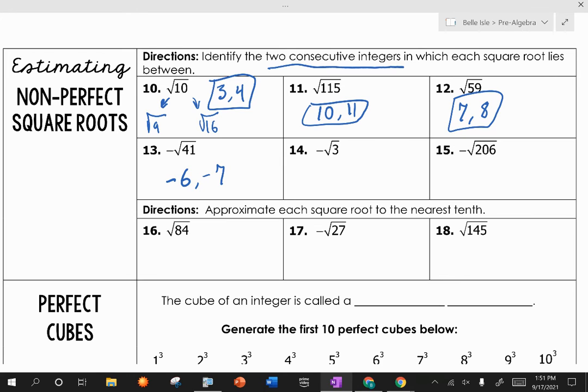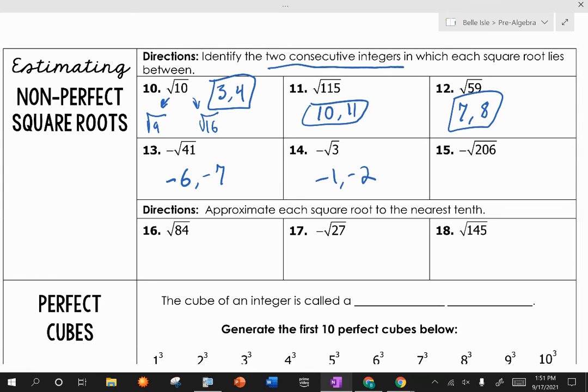So it's in between -6 and -7. And if you pick -5, 41 won't be in between 25 and 36. Rodney, do 14. -1 and -2. Solid.